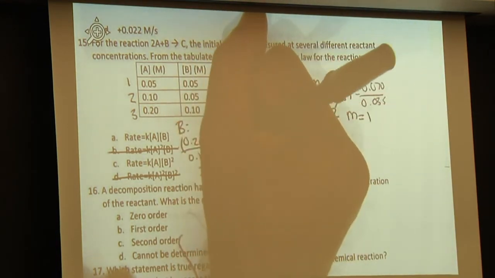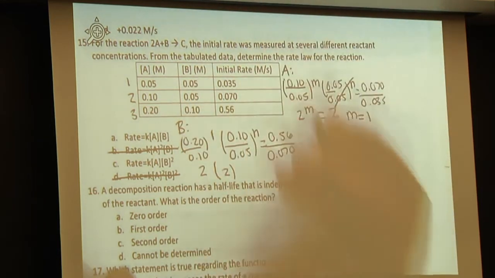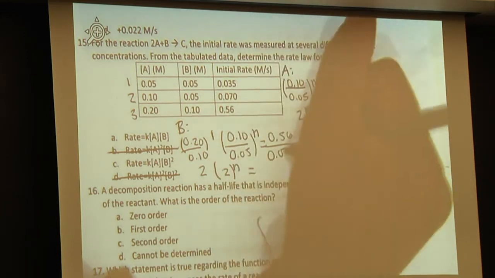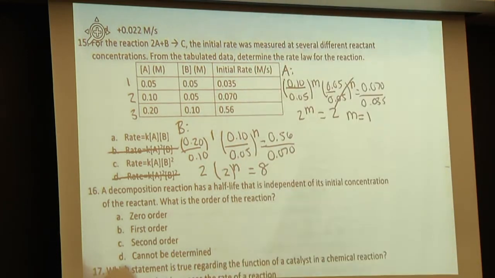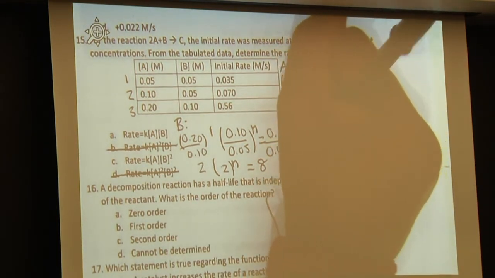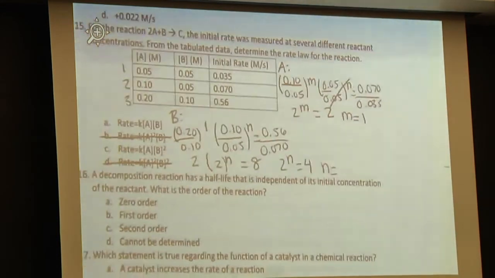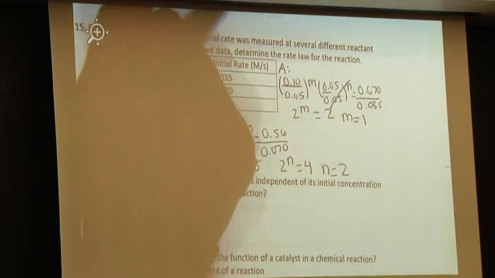So that's 2 times 2 to the n. 2 times 2 to the n equals 8. So now we're going to isolate this 2 to the n. So 8 divided by 2 is 4. So the answer would be 2 to the n equals 4. Therefore, n would be what? 2. So the answer should be C.